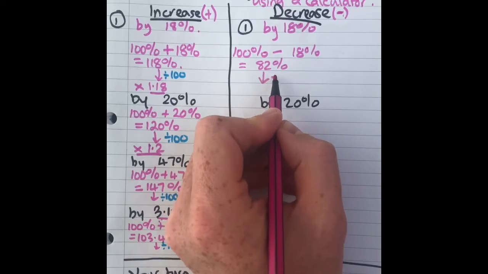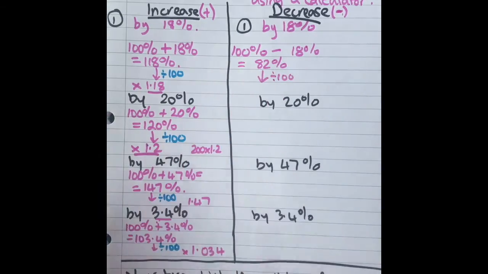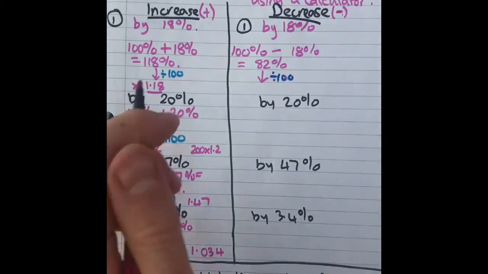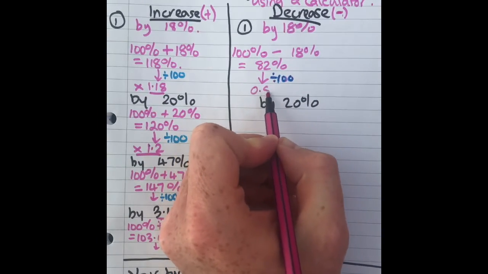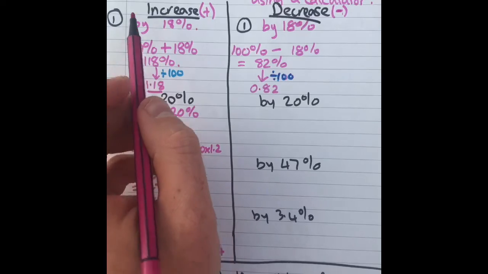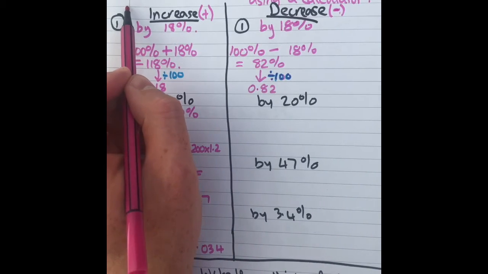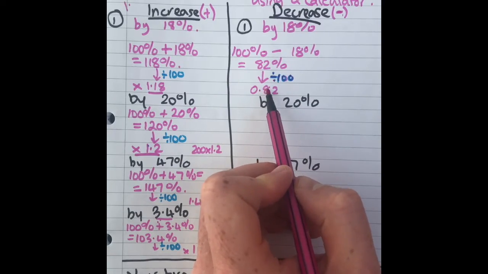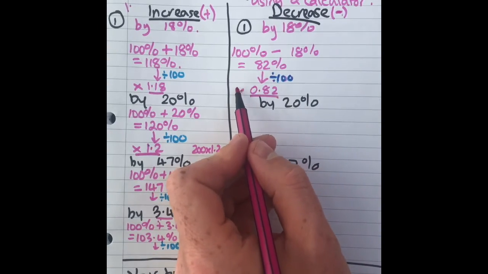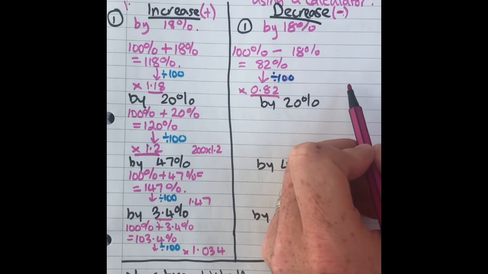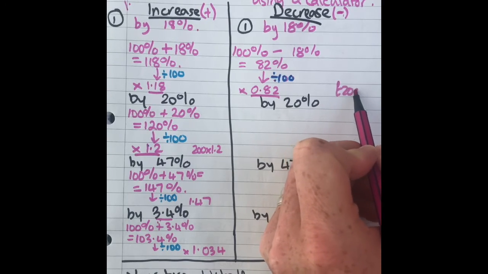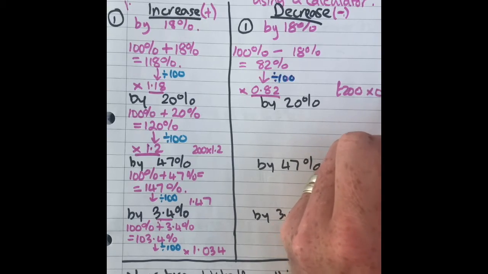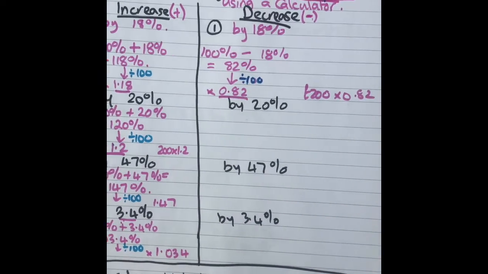Same process, divide by 100 to turn it into a decimal, which will be 0.82. So there's a little hint. Increases will normally start with 1 point or 2 point, and decreases will start with 0 point. So that will be what you times by. So say I had £200 and I want to do an 18% decrease, I times that by 0.82, and that would get me my answer.